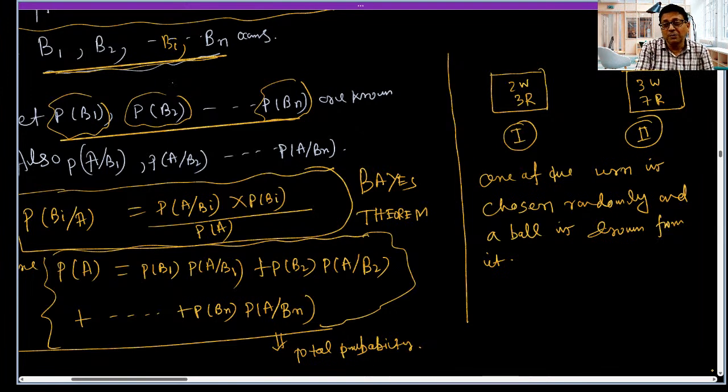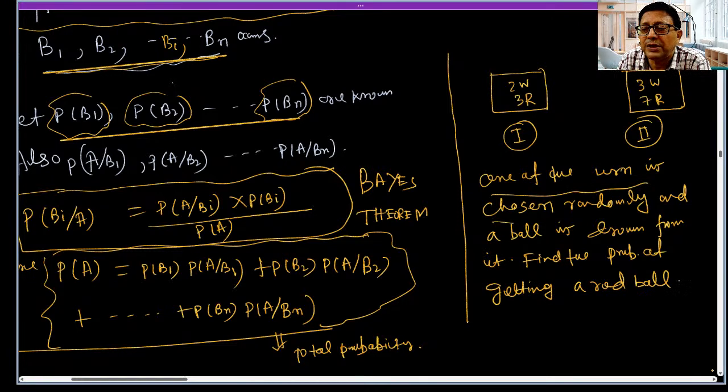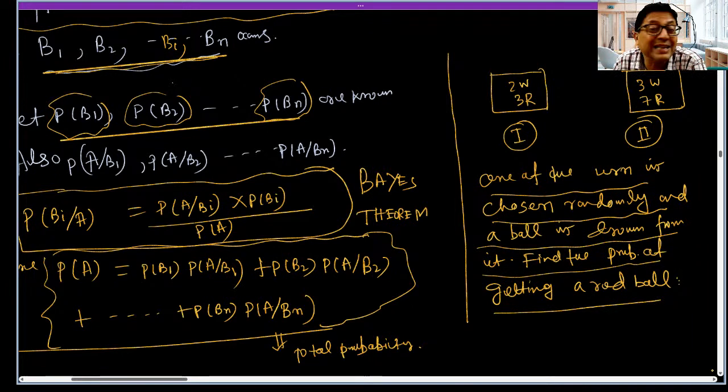Okay? There is a choice here. You can choose any one. Find the probability of getting a red ball. Probability of getting a red ball.